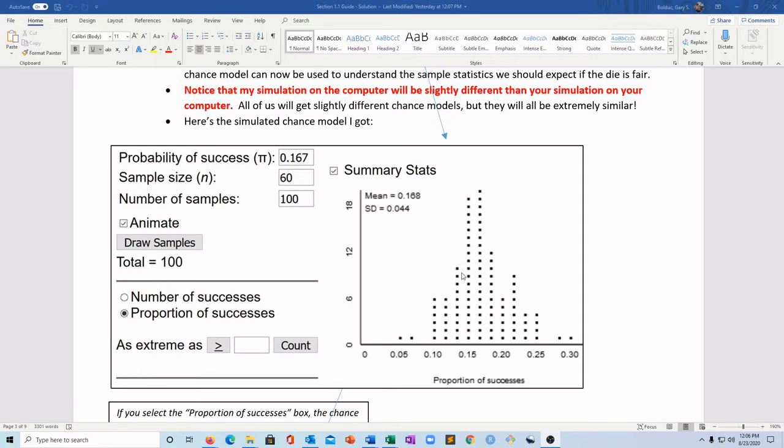But this is a random process. So there's randomness, and one way you could think about this is in terms of luck. Every time the computer does the 60 rolls, sometimes it got lucky and got more 5s, or sometimes it got unlucky and got fewer 5s.